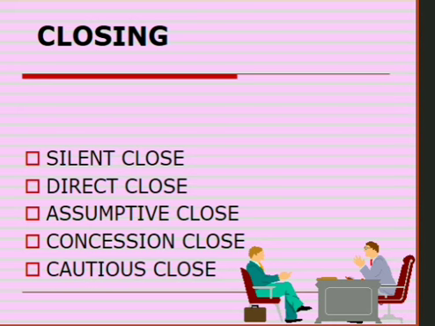The salesperson just says, I have completed all the necessary paperwork. All you need to do is read through and sign the papers. Based on the assumption, the salesman tries to close the sales deal.